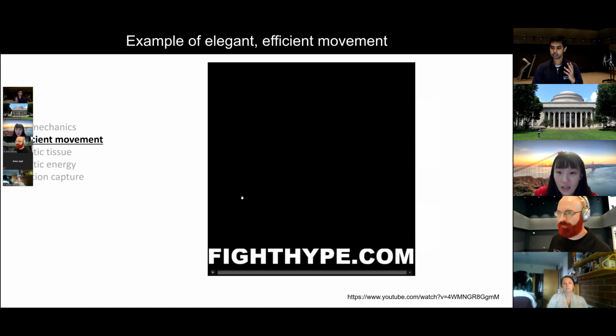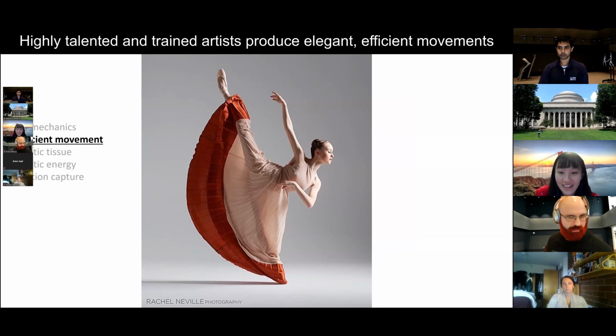So let's try to understand some processes that might be helpful in creating quick, efficient movements, and how to construct such types of movements. The inspiration we draw from are artists and people who study refined movement throughout their lives, right? So they produce elegant and efficient movements.